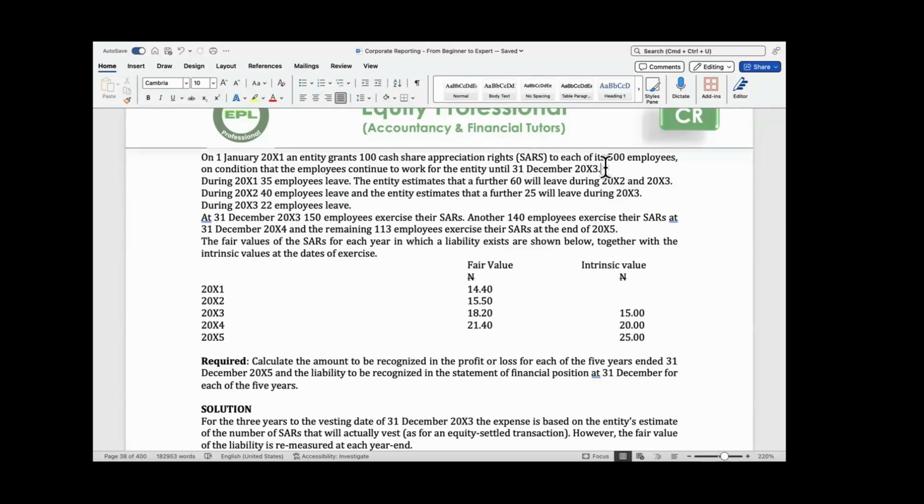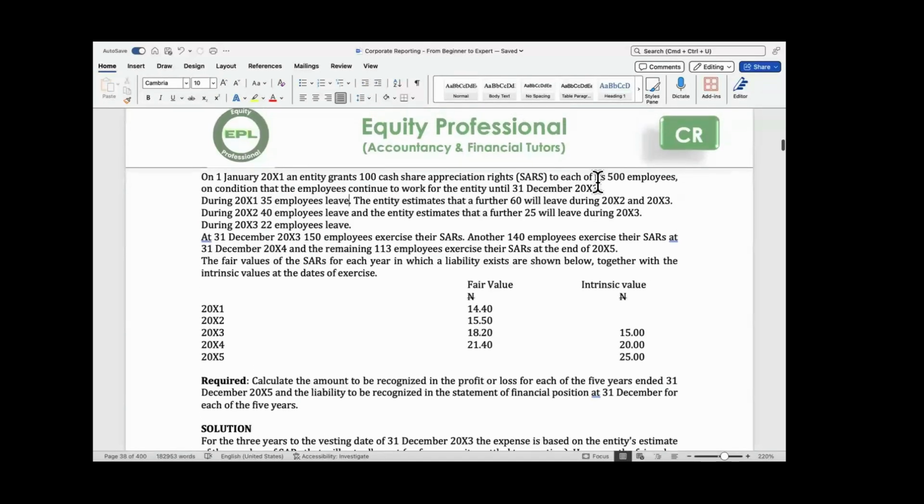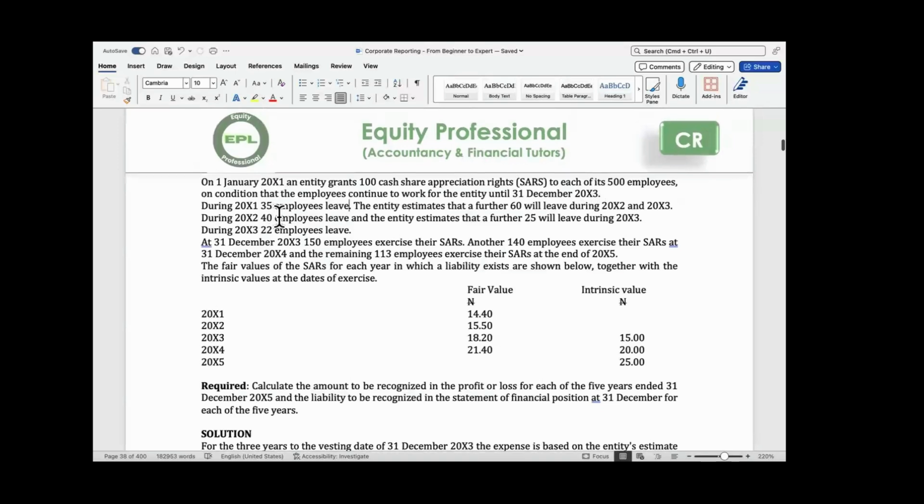That's how many years? 1, 2, 3. That's 3 years. During 2001, 35 employees leave. The entity estimates that a further 60 will leave in 2002 and 2003. During 2002, 40 employees leave, and the entity estimates that a further 25 will leave during 2003. During 2003, 20 employees leave.